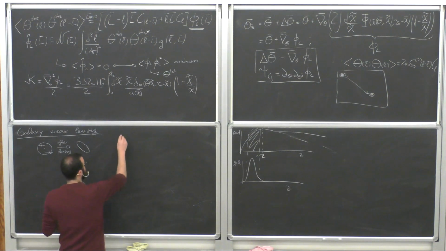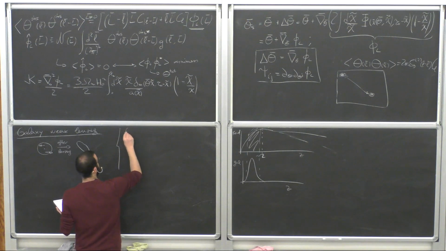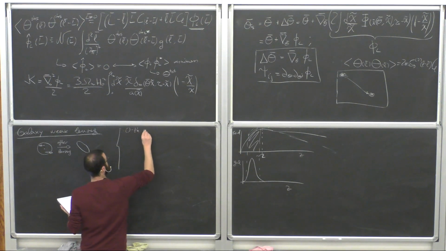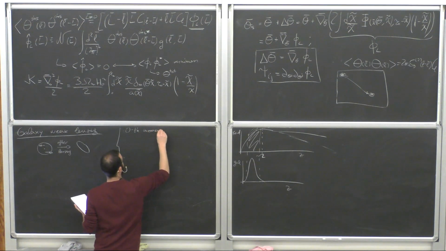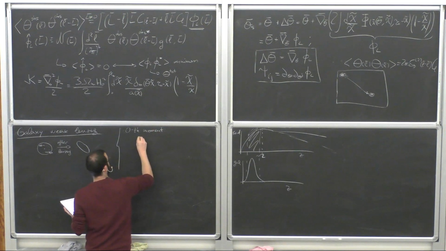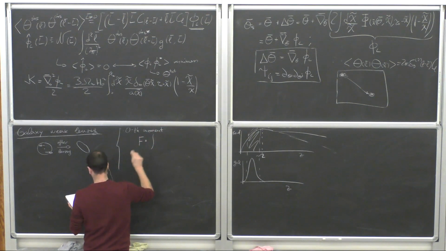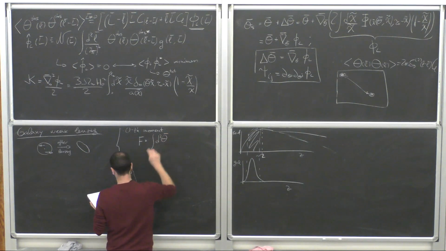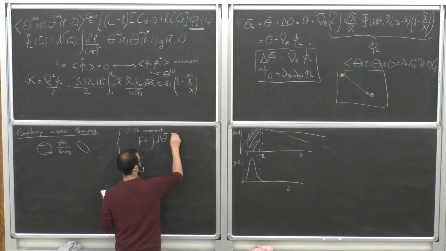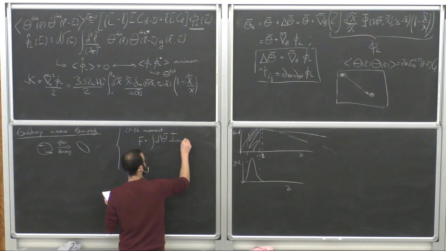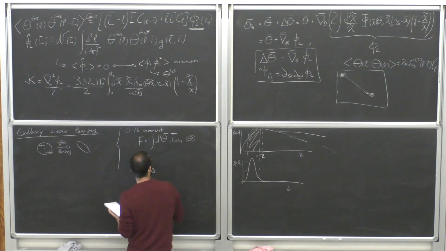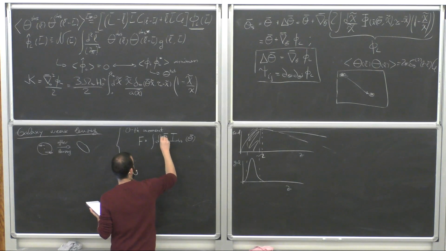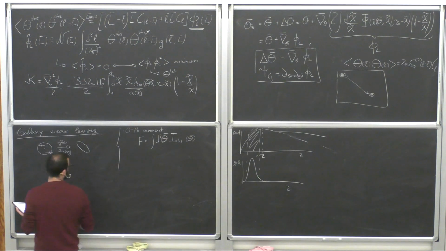So for example, the zeroth moment is directly the flux, right? Because it's just the angular integral of the whole observed intensity that we receive from the galaxy.